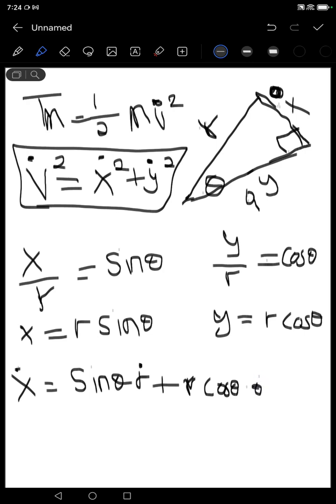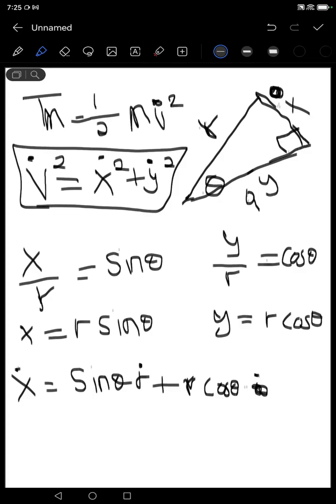By theta dot. Remember, here on product rule, we're going to derivate the x with respect to r and with respect to theta. That's why here we have the theta dot. So we derivated x with respect to r, and then the second part we derivated with respect to theta.